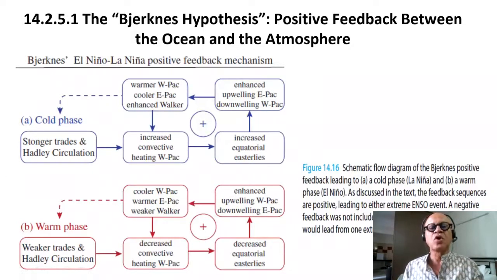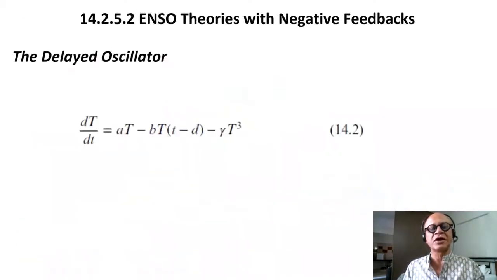So what turns off this growing positive feedback that is going in the La Niña direction or the El Niño direction? For this, several theories have been proposed, which basically look at negative feedbacks, and we will look at three of them.